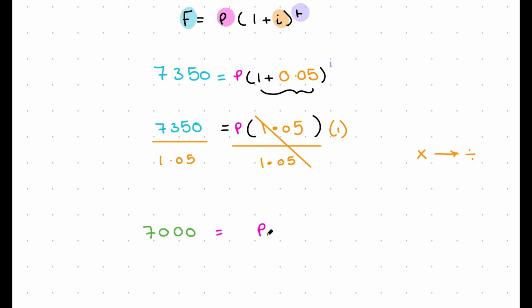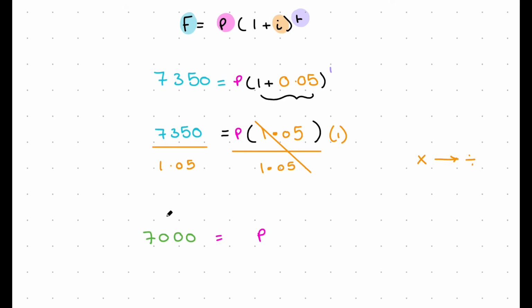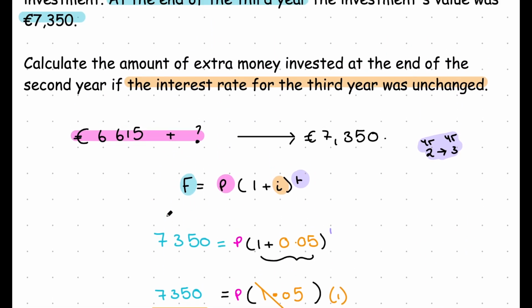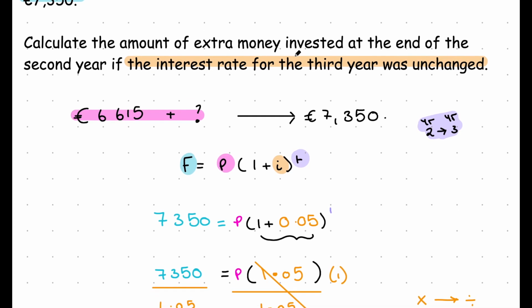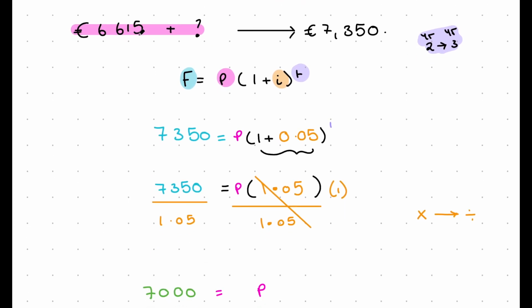Now, that's the principal P. What we put in was 7,000. But if you remember, what we're being asked to find is the amount of extra money invested. We put in 6,615. That was there from the very beginning. And then we put in some extra amount.